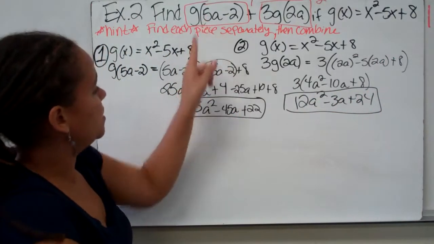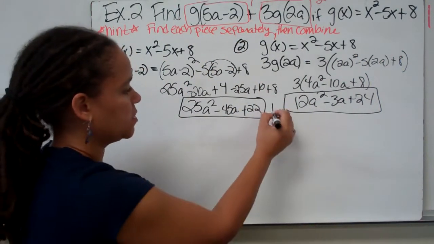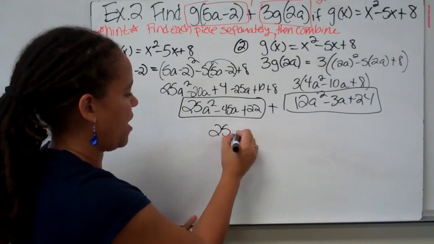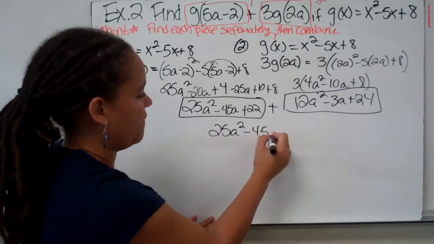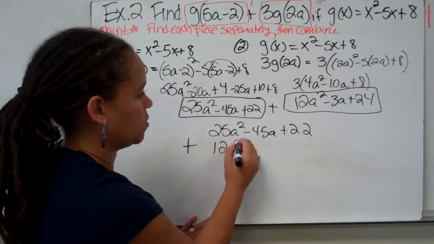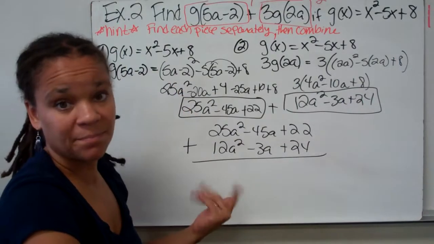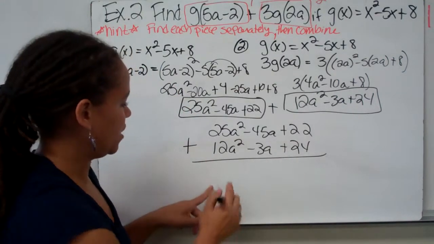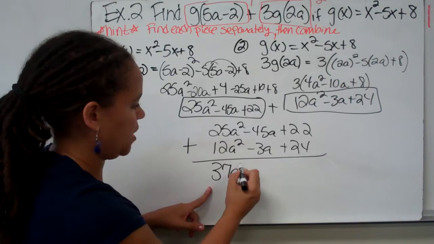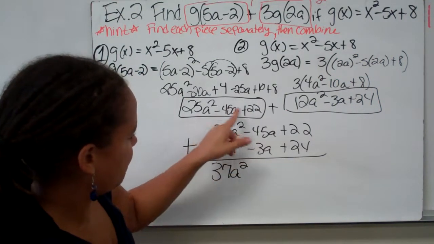And this would be our second piece. So piece 1, piece 2, and notice the original equation said to add them together. So if we add these together, 25a squared minus 45a plus 22, let's add that to 12a squared minus 30a plus 24. Add them up, and that should be your final answer. Should end up with 37a squared. Did I miss something?